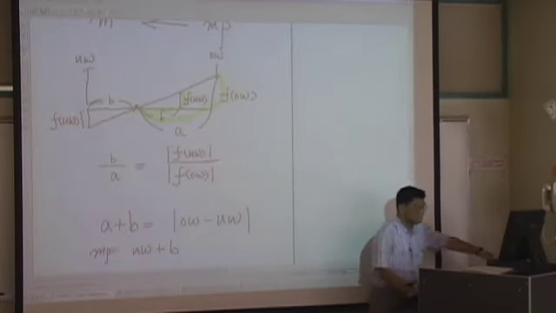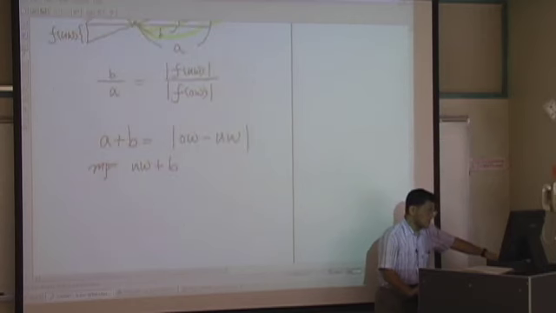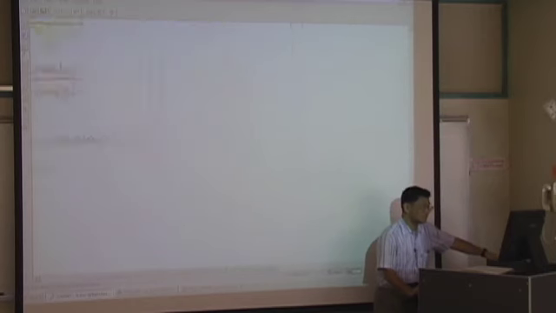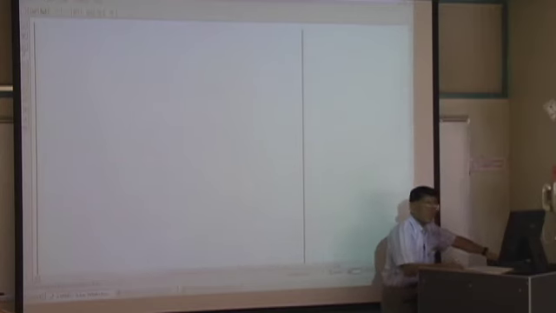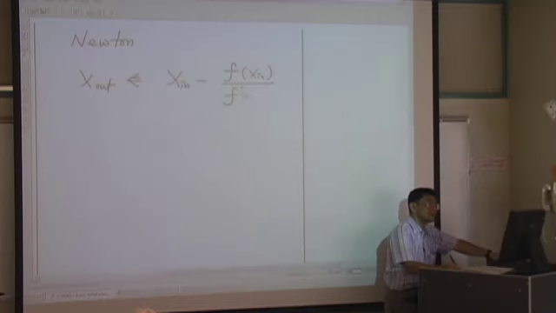The next method is similar to Newton's method. The difference is this. In Newton's method, we had this situation: x out equals x in minus f of x in over f prime of x in.